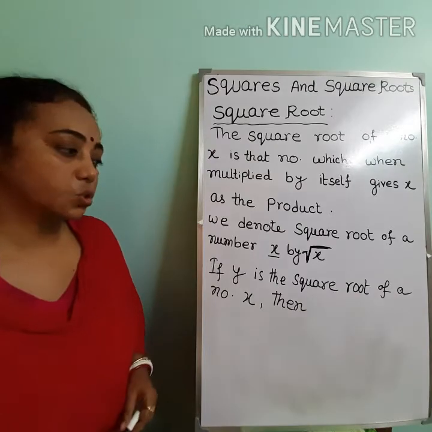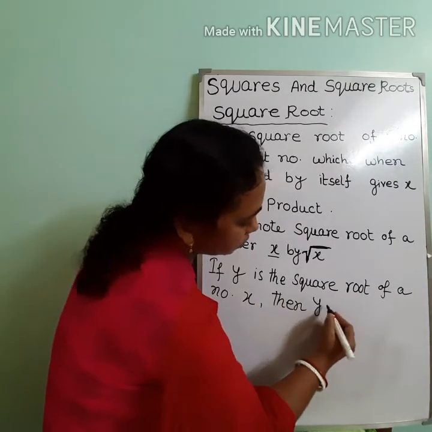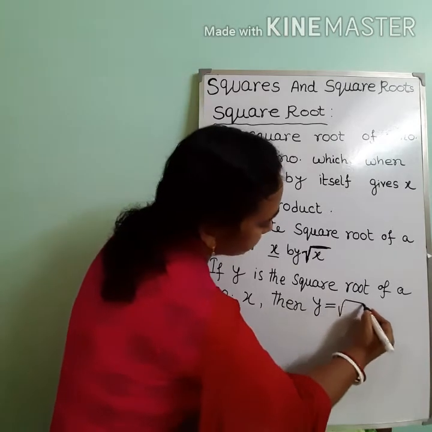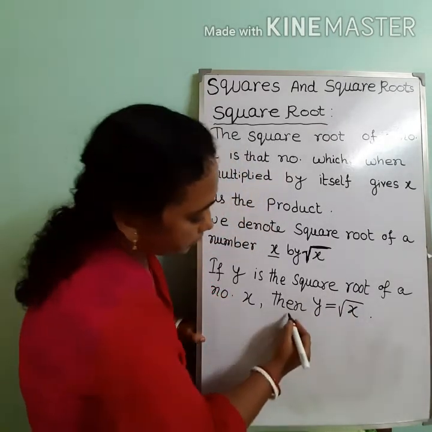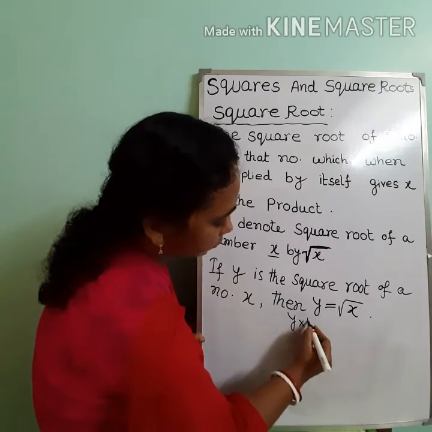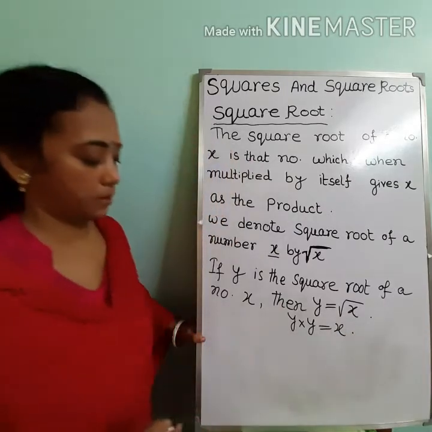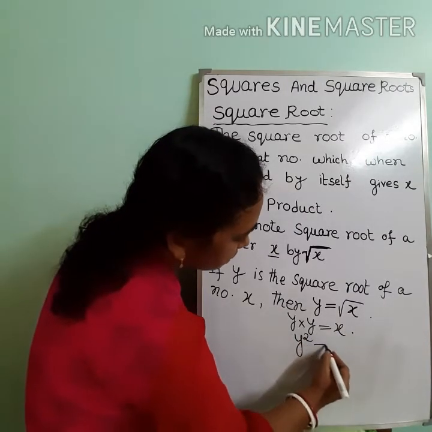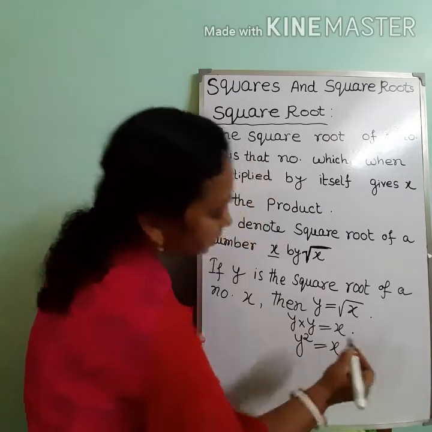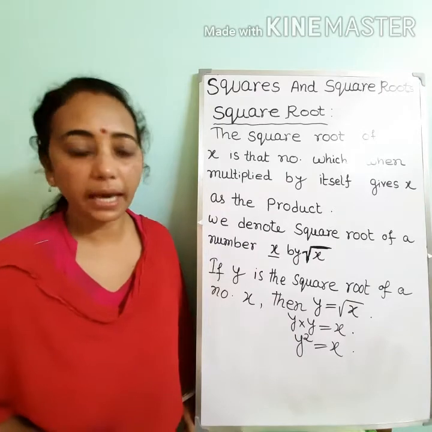If y is the square root of a number x, then we write y is equal to under root x, which means that when y is multiplied by y, we get the product as x. Here y multiplied by y means y square is equal to x. So the square root of x is y and the square of y is x.